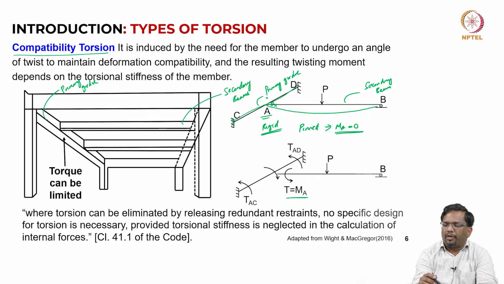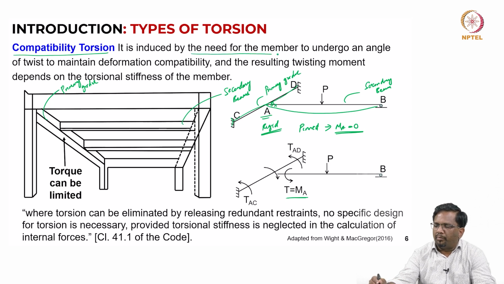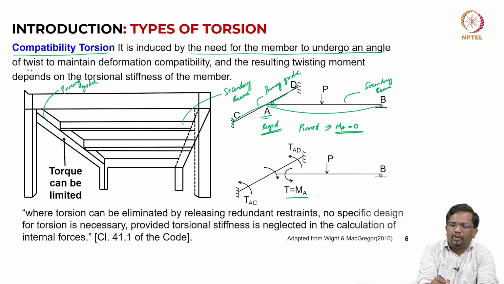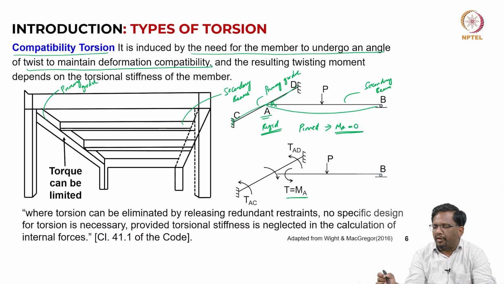So, compatibility torsion develops because of the need for the member to undergo an angle of twist to maintain deformation compatibility. If this beam is connected with a rigid joint and rotates in flexure, that will become twisting for the beam CD.